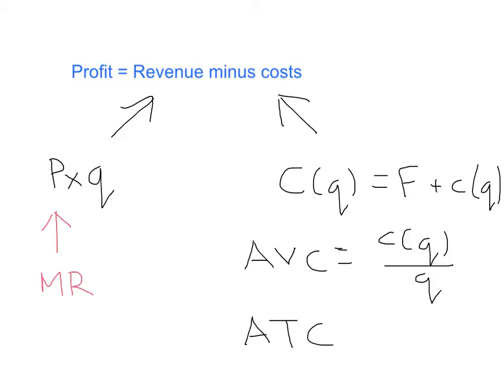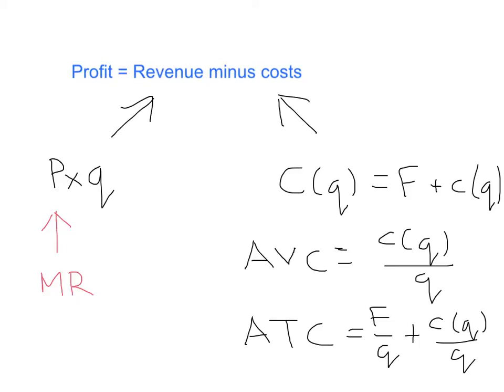Average total costs are going to be the whole of our costs divided by Q. So the average total costs are going to be equal to F divided by Q plus little c of Q divided by Q. Now both the average variable cost and the average total cost are going to be at their minimum when they cross the marginal cost curve. That's because the marginal and average always cross when the average is at a minimum.